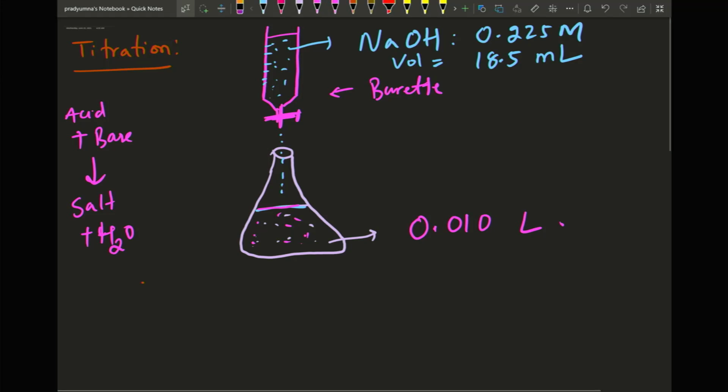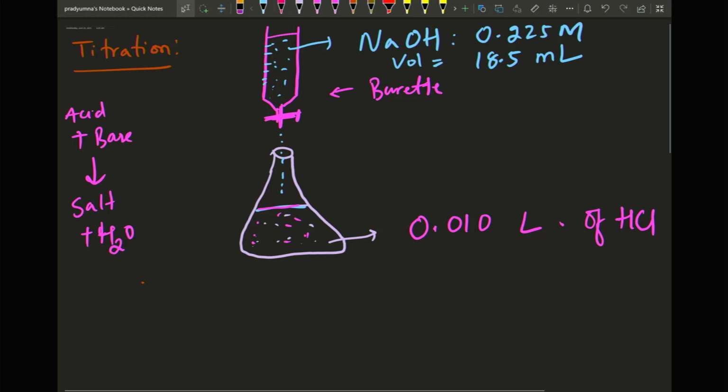Let me quickly recap. You had 0.10 liter of HCl in the flask, and then you dripped some base into it. What was the base concentration? 0.225 molar. How much volume did you use to neutralize it? 18.5 milliliters. Are we good?